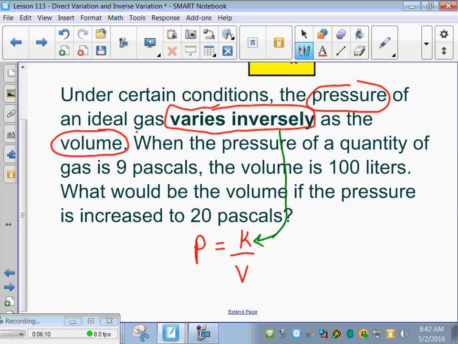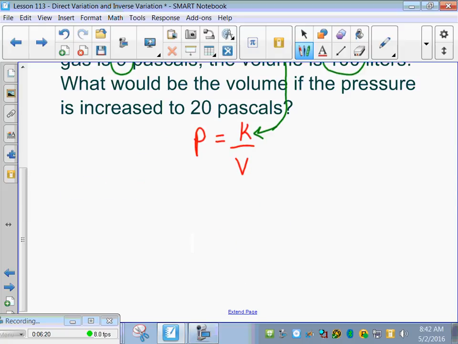All right, now they're going to give us a point, just like the last one. So when the pressure of a quantity of gas is 9 pascals, the volume is 100 liters. So we have 9 that gets plugged in for pressure and 100 for liters, which is our volume. Now we're going to find K. In order to get K by itself, we have to multiply by 100.